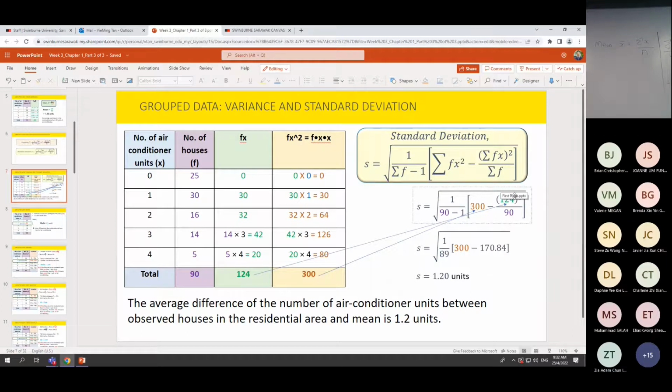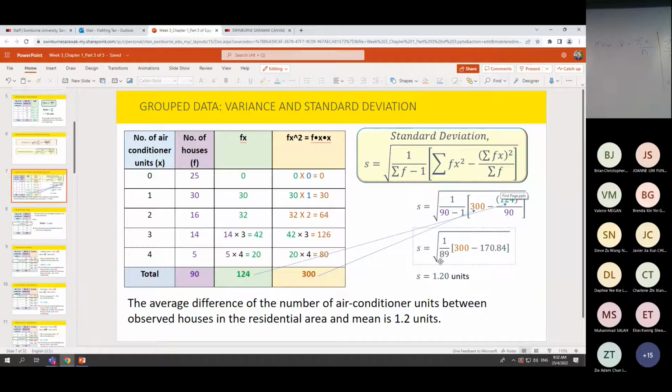So if you simplify this part, it should be less than 300. If you simplify, you'll get 170.84 for this part. Substitute to here. Then you can use a calculator to help you simplify this expression. So we use 300 minus 170.84 and then divided by 89, square root of the whole thing.